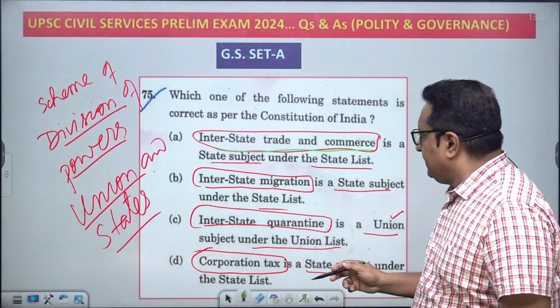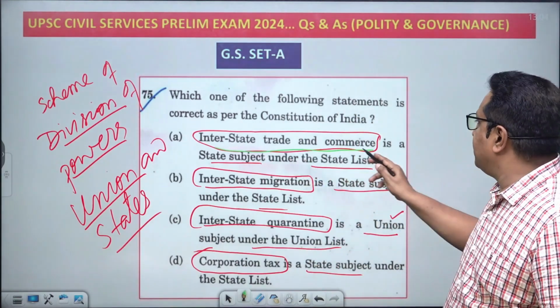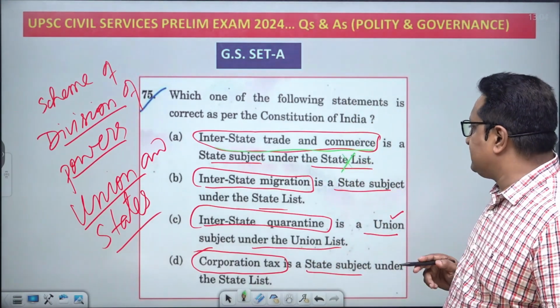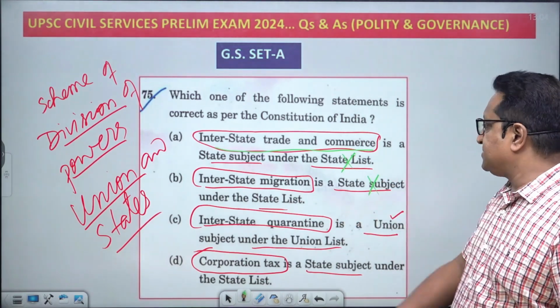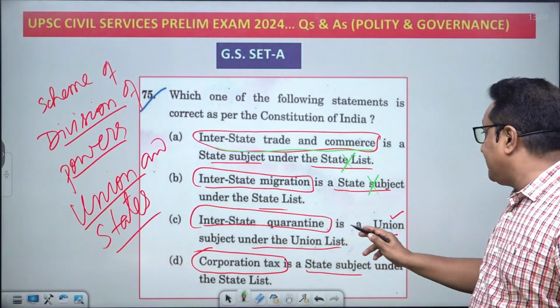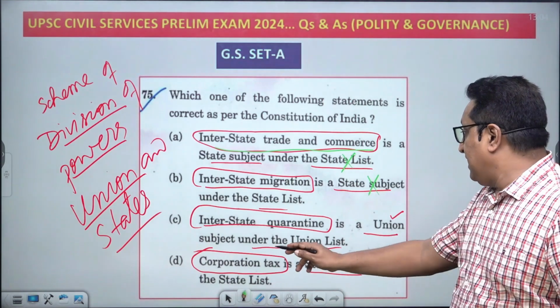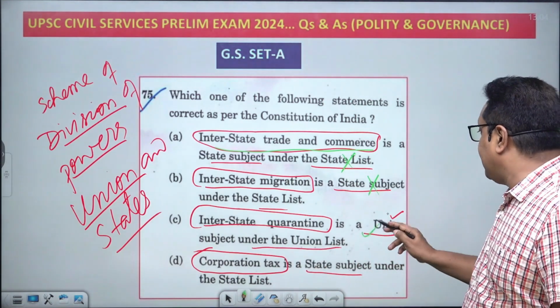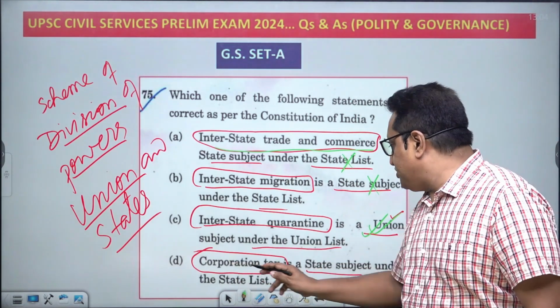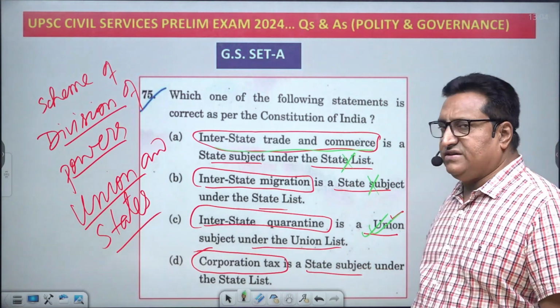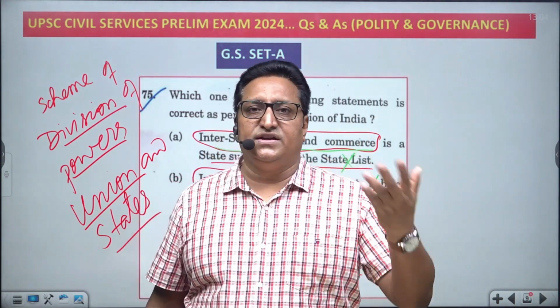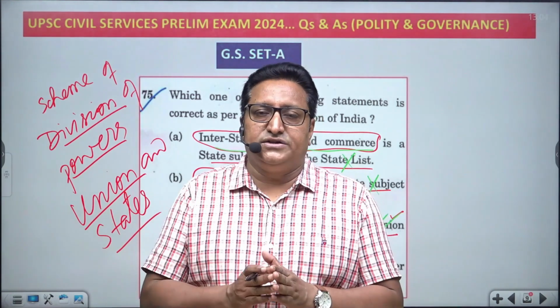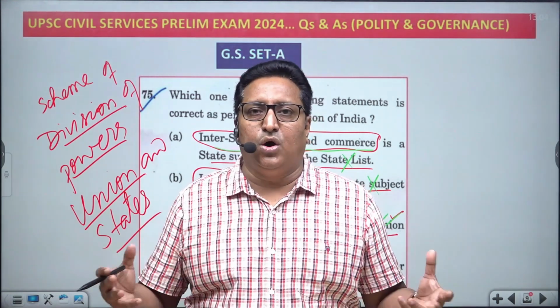So here, interstate trade and commerce can never be in the state list. Interstate migration, this also cannot be in the state list. Interstate quarantine is a union subject under the union list. Yes, that is correct. And corporation tax is a state subject. This is common knowledge that corporation tax comes under the union government, and it does not come in the shareable pool of taxes.